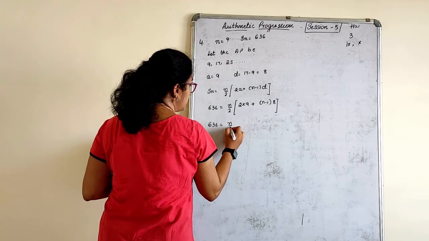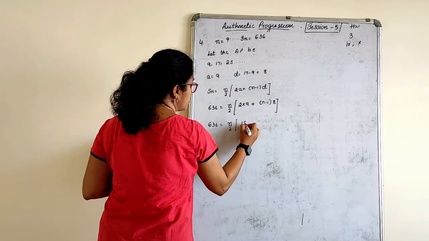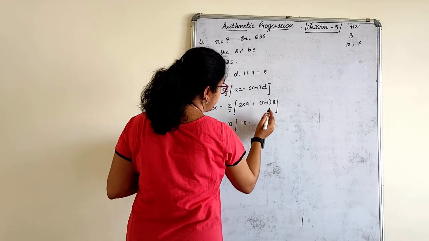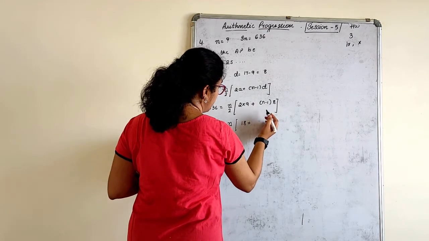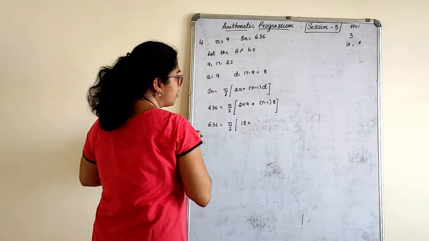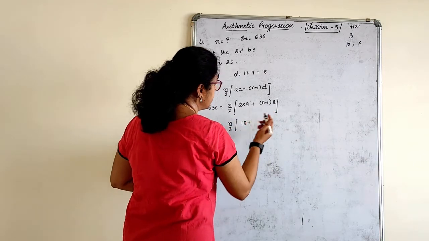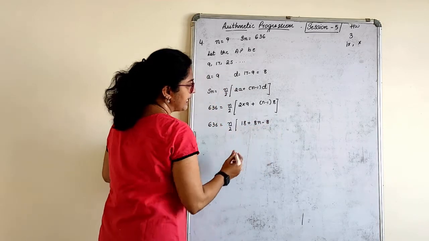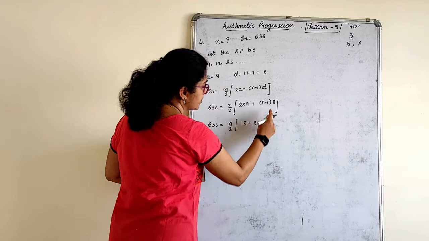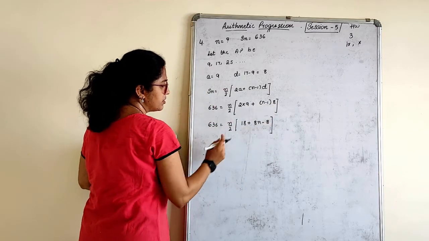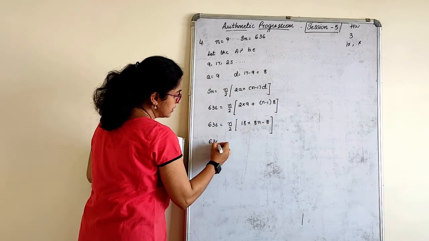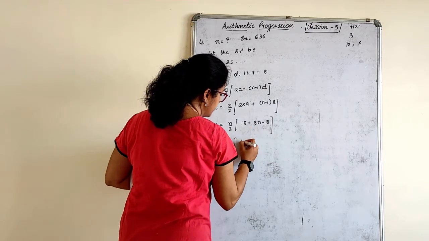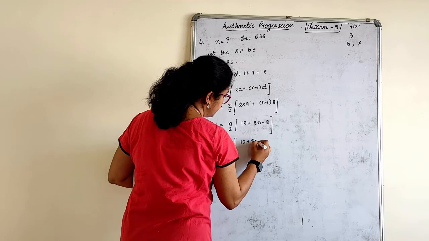So 636 is equal to n by 2, 18 plus 8n minus 8. 8 into n is 8n, 8 into this is 8. 636 is equal to n by 2 into 18 minus 8, which is 10, plus 8n.